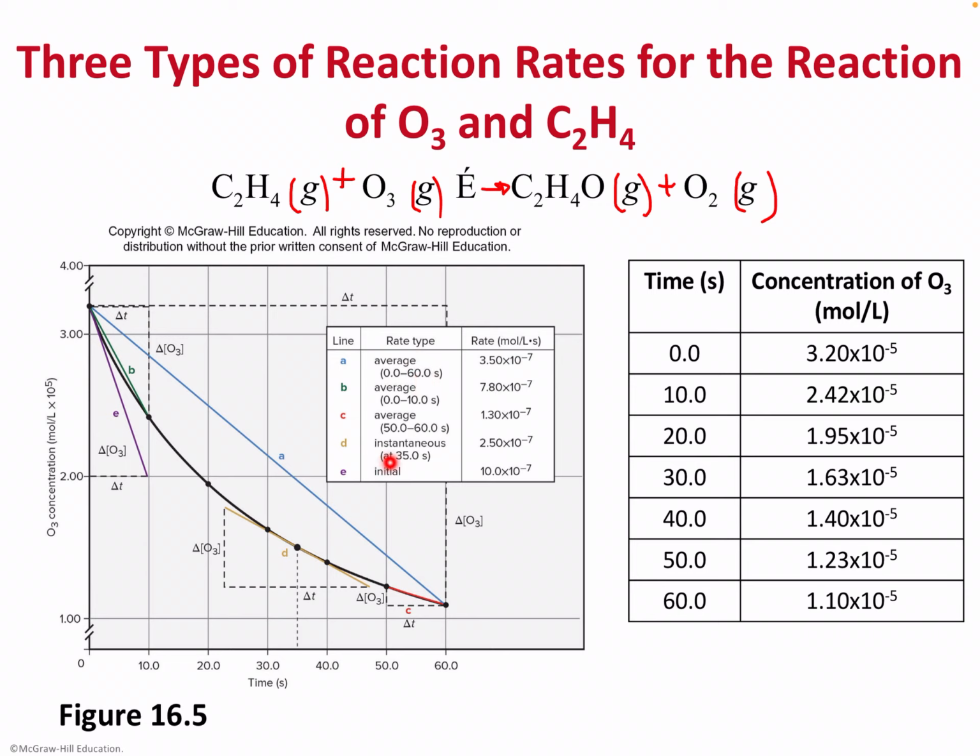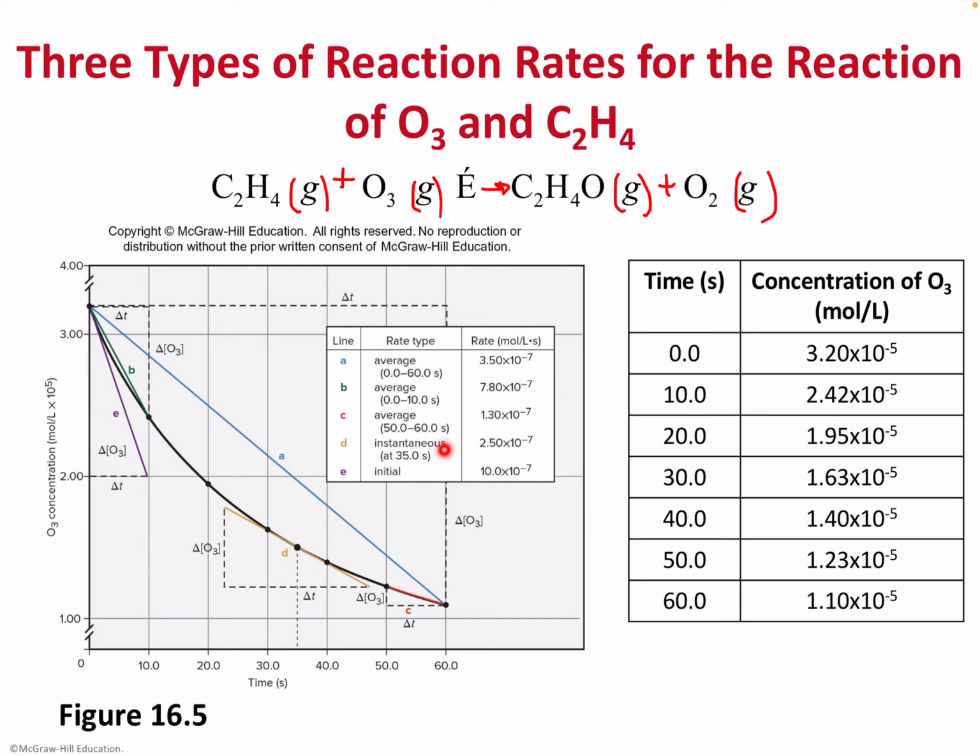Or we can find out the instantaneous rate, meaning at one instant, what is the rate of that reaction. You pick one point, let's say at 35 seconds. So you draw a tangent at this point, and then you find delta ozone concentration from this axis, and from the x-axis you find delta T, the time. Delta ozone over delta T. You find these values and you can find out the instantaneous rate.